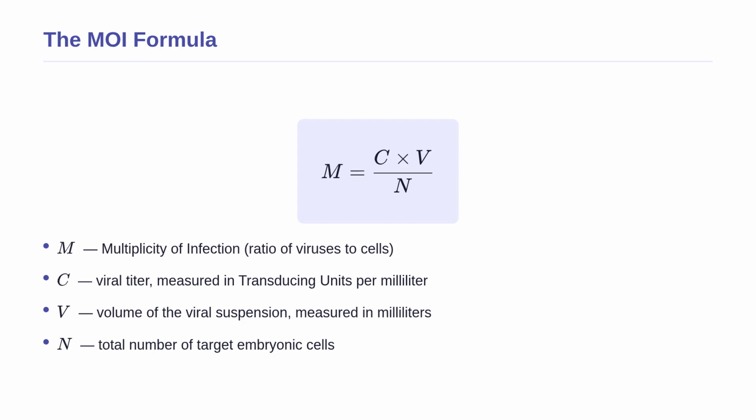C stands for the viral titer, or the concentration of infectious particles per milliliter. V is the volume of the viral suspension added, measured in milliliters. Finally, N represents the total number of target embryonic cells. If you increase the concentration or the volume, the total number of viruses goes up, leading to a higher M. Conversely, if you have more cells but the same amount of virus, M decreases.